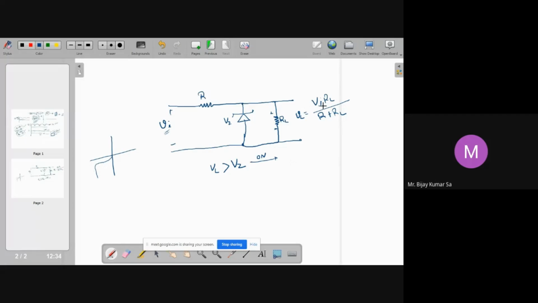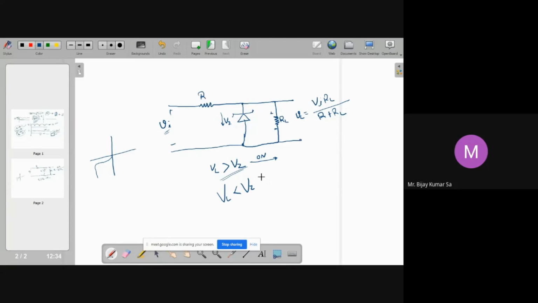So if VL is greater than Vz, then the zener diode is on and the current can flow in this direction, opposite to the diode direction, with the least resistance, because anyway this is a reverse bias. This is the case when this condition appears. But what if this VL is less than Vz?